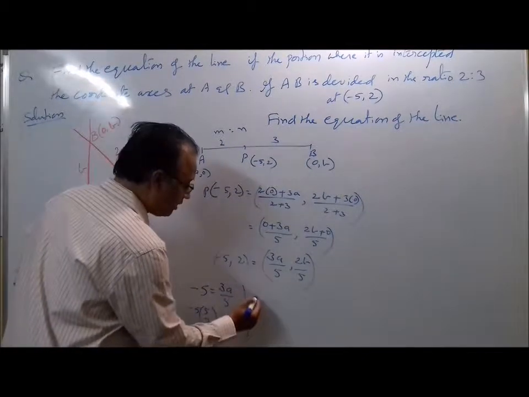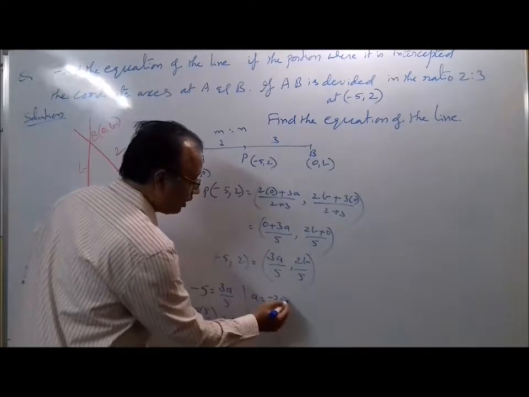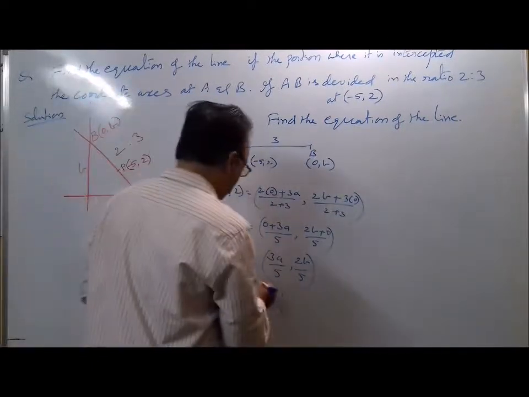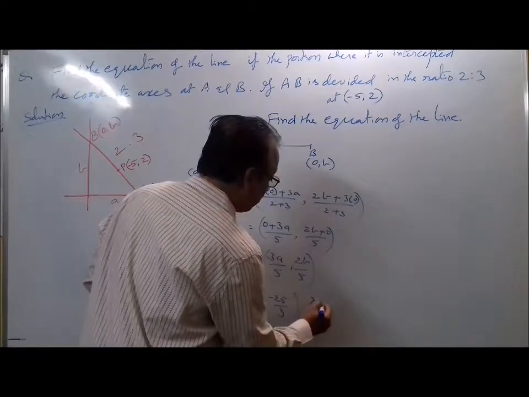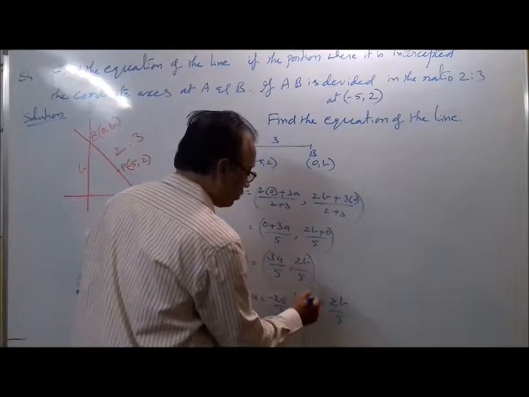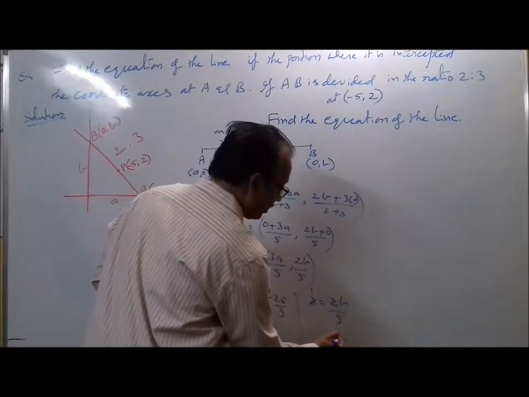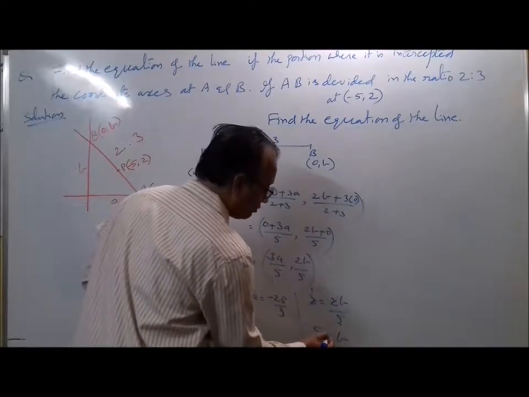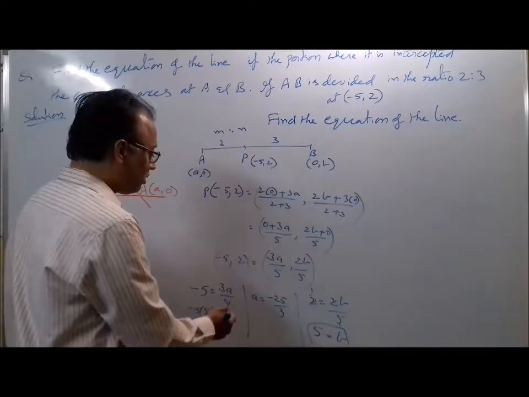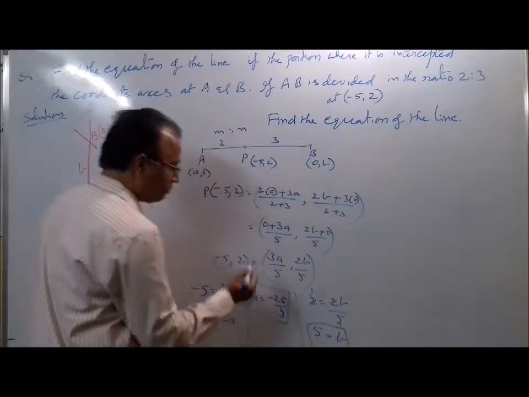So a is minus 25 by 3. Now similarly, 2 is equal to 2b by 5. 2 ones are 2. So b is equal to 5 into 1, so b is 5.